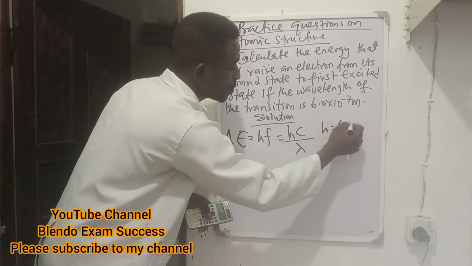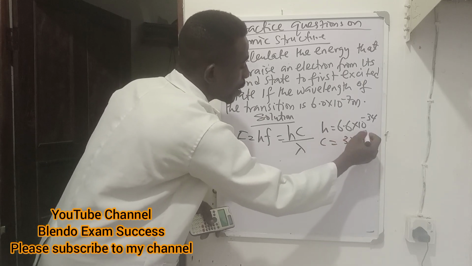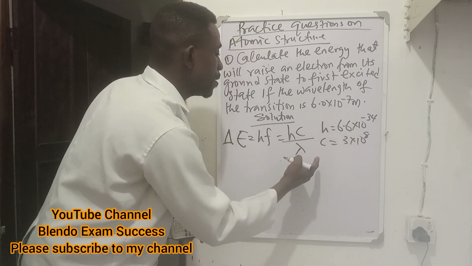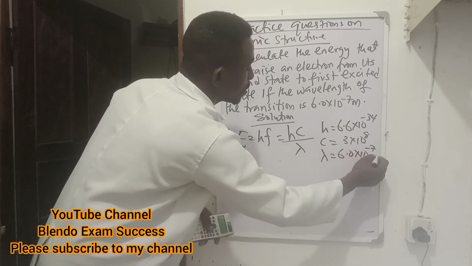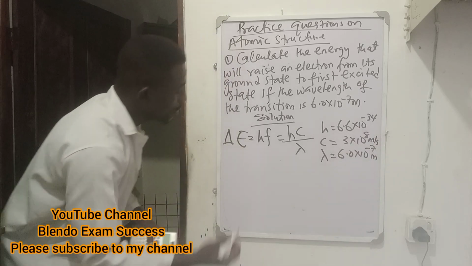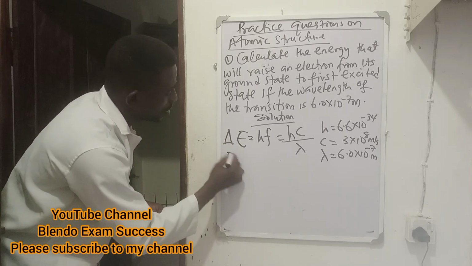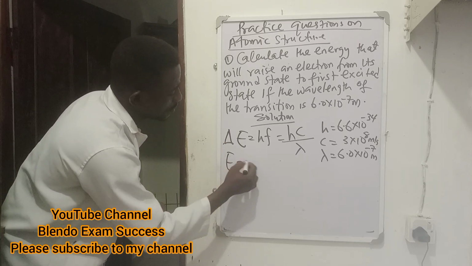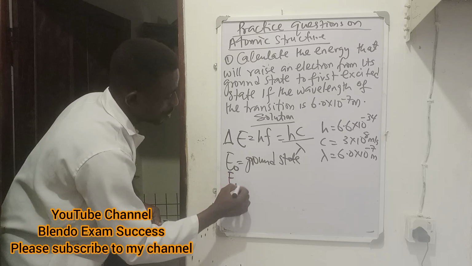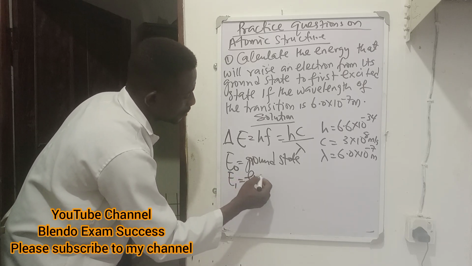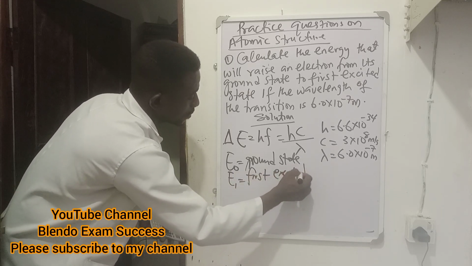Now we know that h is 6.6 times 10 raised to the power minus 34, then c is equal to 3 times 10 raised to the power 8, and we're given the wavelength as 6.0 times 10 raised to the power minus 7 meters. So the energy to raise: let E naught be the ground state, and E1 is the first excited state.